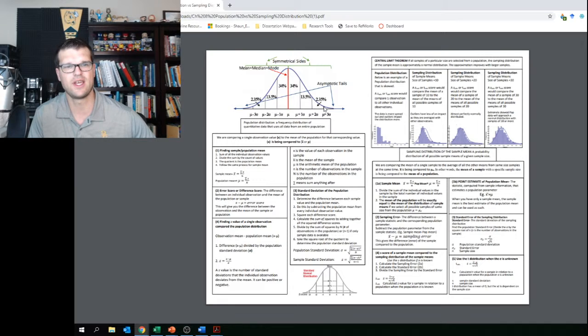What the representation is, all these different observations, they're actually entire groups or samples, if you will. This fun little sheet, on the left-hand side is talking about a population distribution, and the right-hand side is talking about a sampling distribution. This is a really good resource for you to understand the difference between a population distribution and a sampling distribution of sample means. I'll go over that in just a little bit.